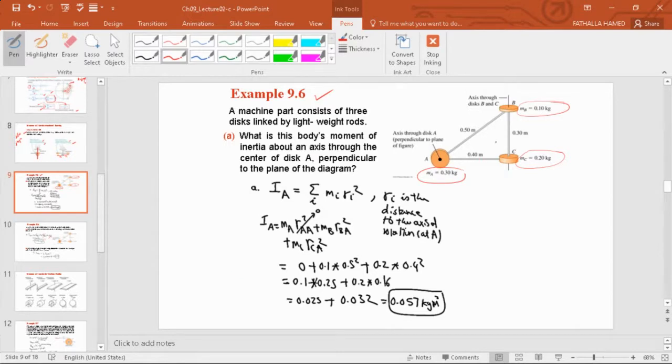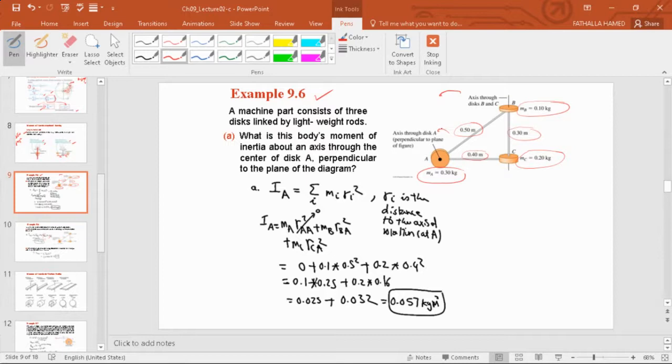They are connected by rods of 0.4, 0.5, and 0.3 meters, in this arrangement. In part A, what is the body's moment of inertia about an axis through the center of disk A, perpendicular to the plane of the diagram? So imagine an axis which goes through A and comes out of the screen, and you rotate this way.